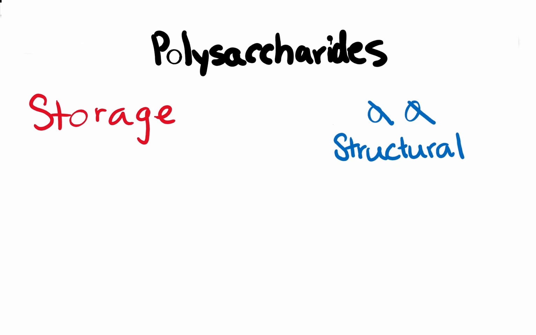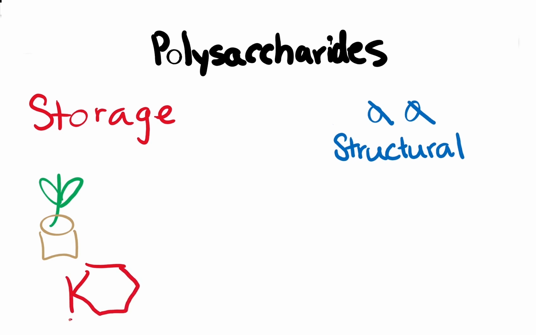So storage polysaccharides are used for the storage of nutrients. So in plants, let's draw our plant. In plants, the storage polysaccharide that's found is called starch. And starch is made up of alpha glucose. And so when I'm drawing this alpha glucose, you can notice that the 2 hydroxyl groups are both down.